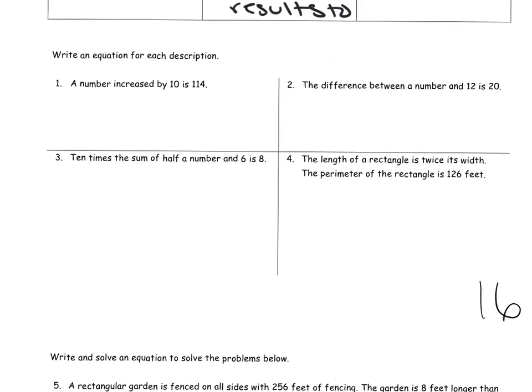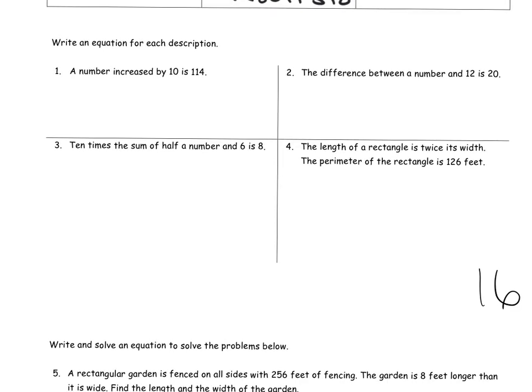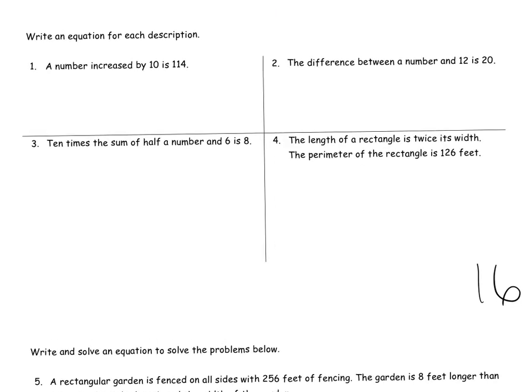All right, so at the bottom now of page 16, we're going to come up with writing the equations for the given descriptions. So I'm going to do the first one with you guys. We have: a number increased by 10 is 114. Well, I don't know what that number is, so let's call it x.